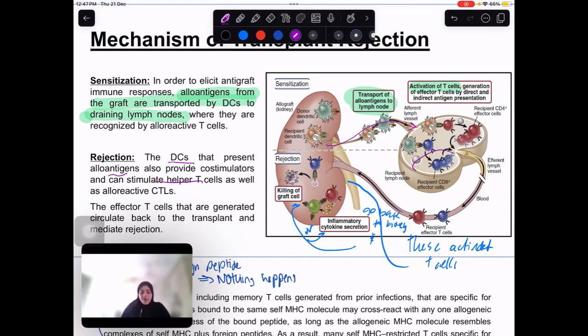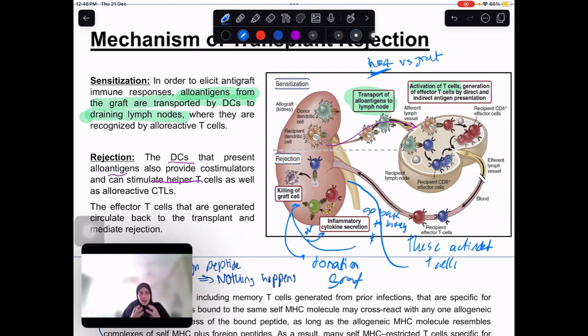After the T cells are stimulated, they're going to go back to the transplanted cell that we have, and they're going to attack it. In this case, this is the type of host versus graft, the first one we discussed, where the host is attacking the graft. Here, this is the kidney, the donated kidney, the graft.